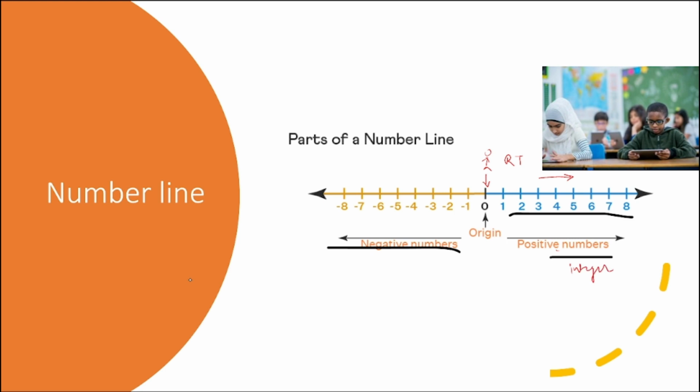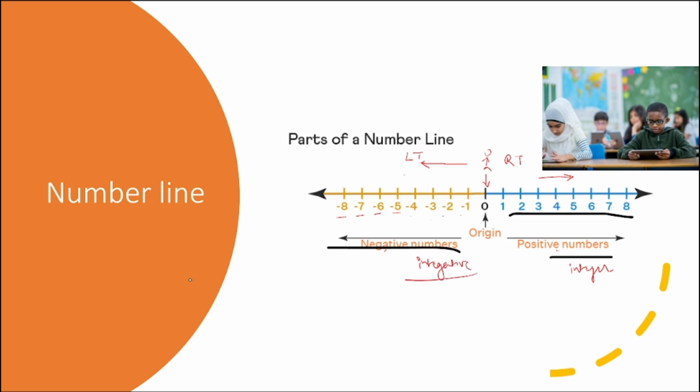And when we move to the left direction from 0, the value of the number decreases: -1, -2, -3, -4, -5, -6, -7, -8. These are the negative integers.